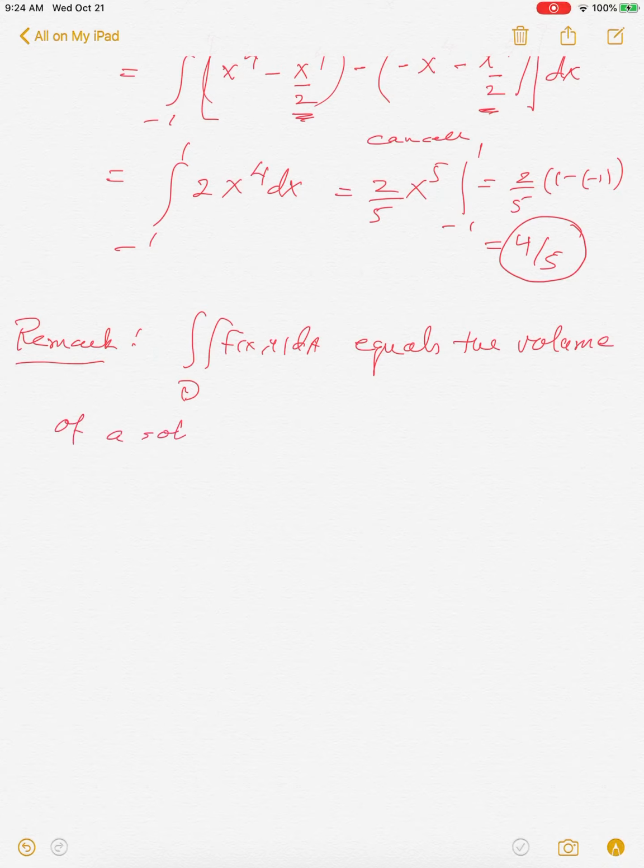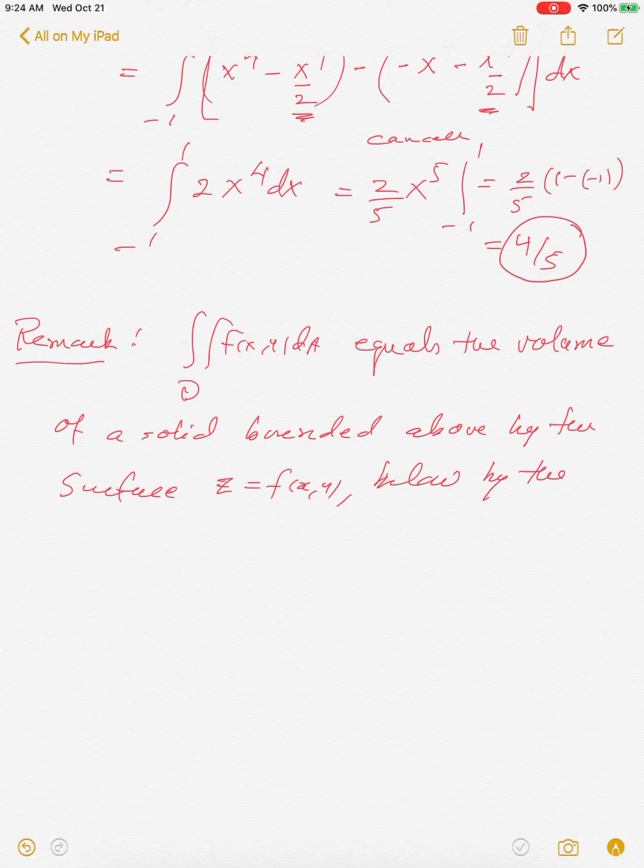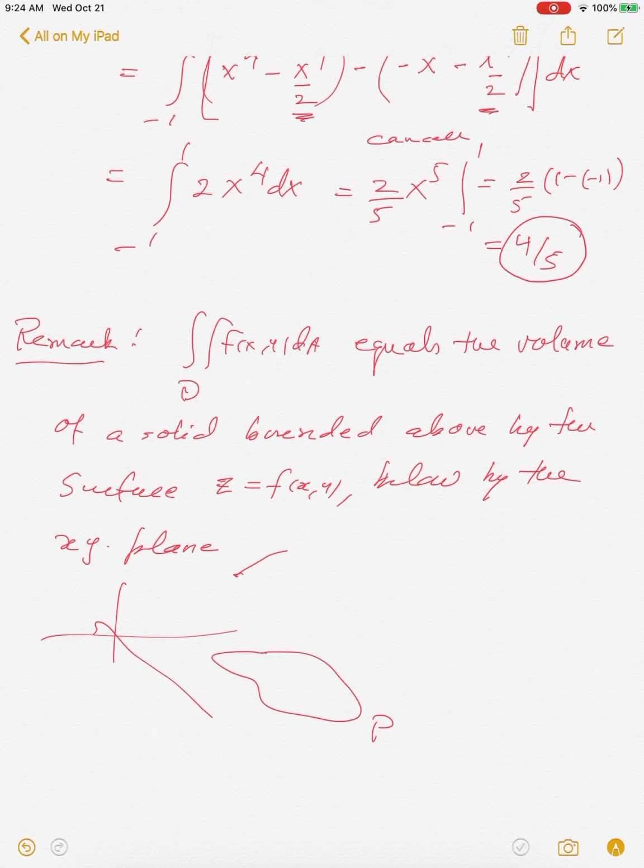Similarly, this will be the volume of a solid bounded above by the surface z equal to f(x, y), below by the xy plane, and of course the sides will be cylindrical sides based on D. So if this is your D and this is the shape of the surface, this is your z equal to f(x, y), then you are going to measure the volume of this solid.